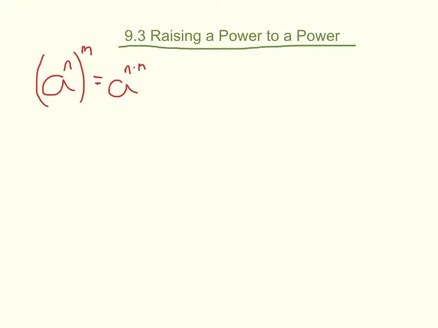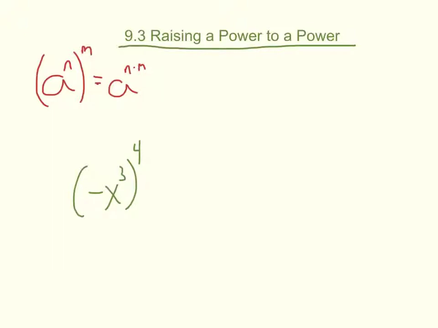Let's do another example. I've already done a couple. How about negative x, let's throw a little curveball in there, to the third power. Let me clean that up. Negative x to the third raised to the fourth. Okay, no reason to panic. Just because I have a negative in there, notice this guy is inside the parentheses, so I have negative x to the third power raised to the fourth power.